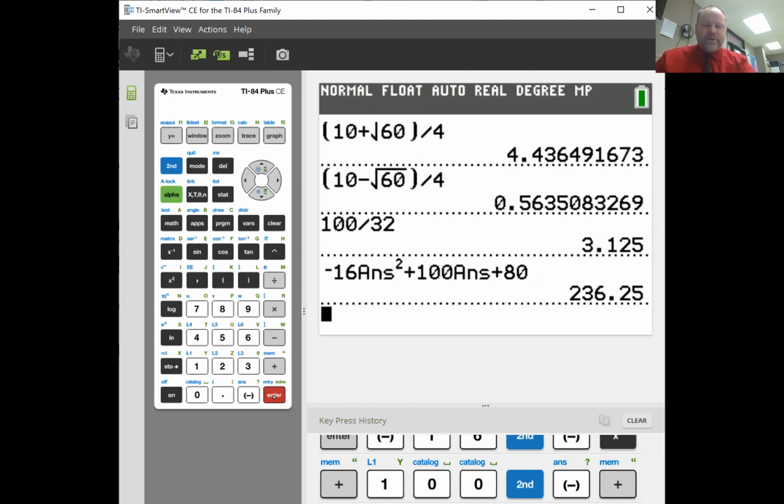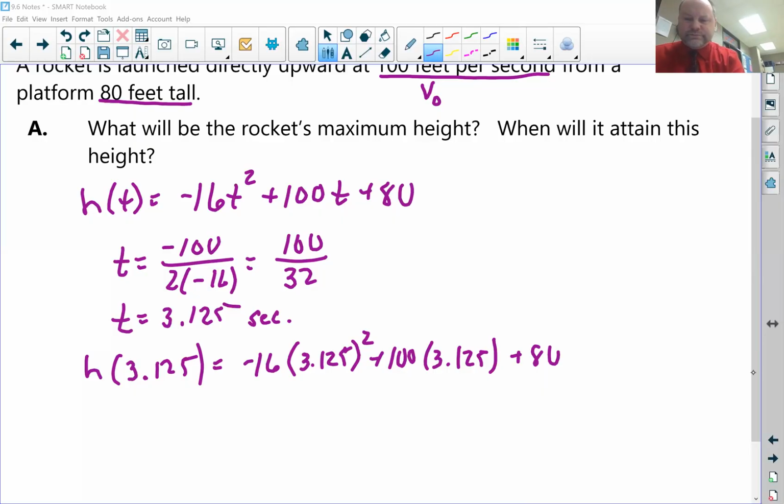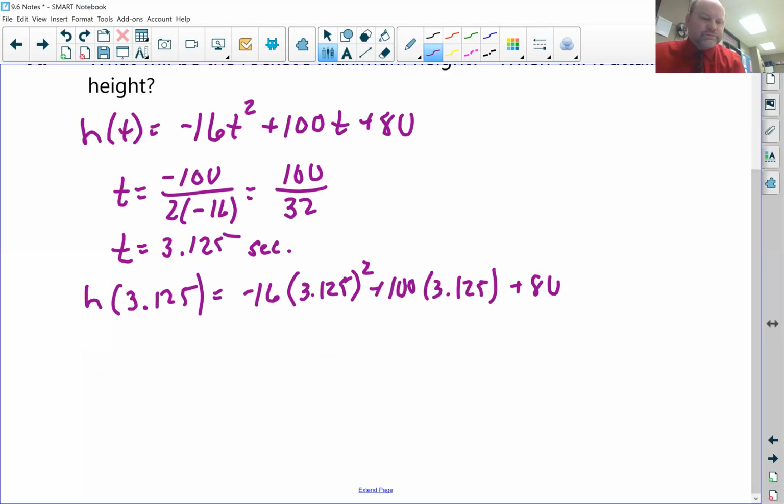And so the maximum height is 236.25 feet. And I hope I got that right.